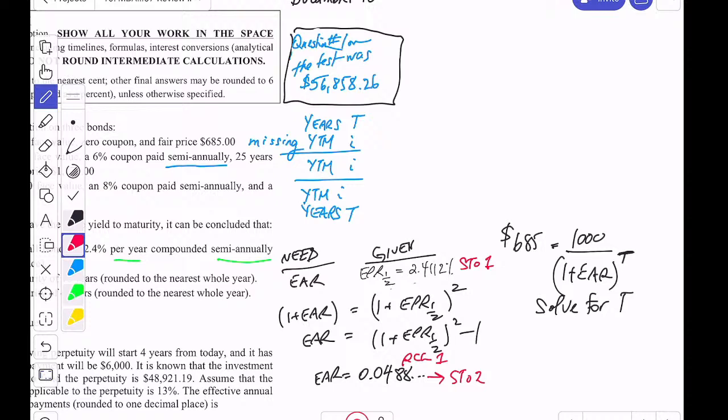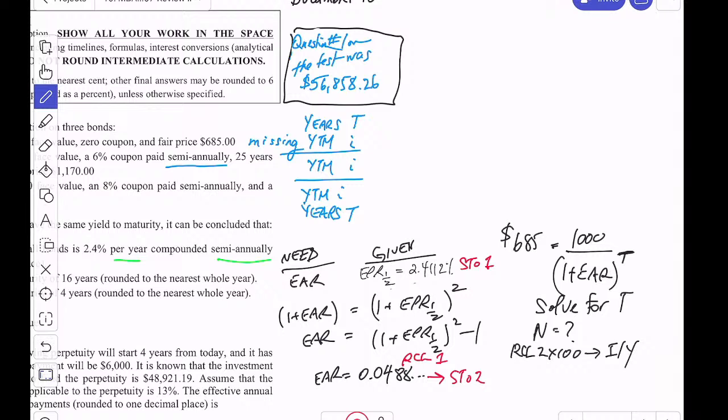You could have done this with a semi-annual rate too, but it's okay. Either way is fine. So you put this in store 2. Then enter N, which is what we want. I is recall 2 times 100, and you put that into I, and then PV is the price, which is negative 685.